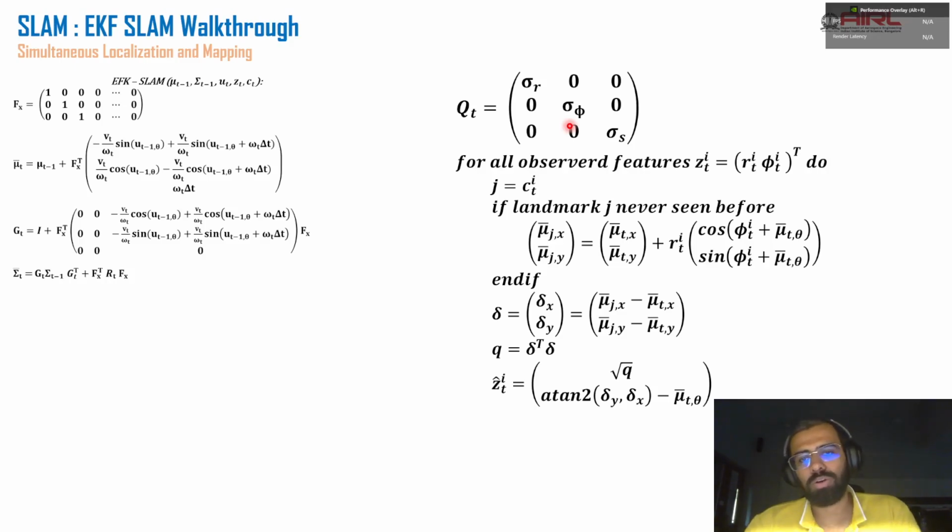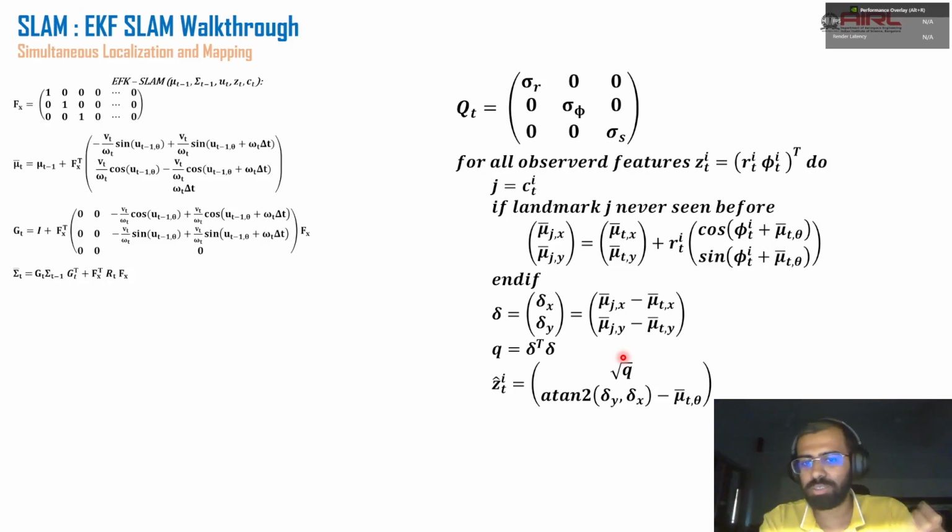So that's what I mean here, right? Great. So if the landmark was never seen before, we will take the robot's initial observation, wherever it thinks it is, add that to my relative bearing as well as my relative range, take all that into consideration to find the predicted position of my landmark, and so on and so forth. So here we are also predicting where my landmark is. We do not 100% know where it could be, right?